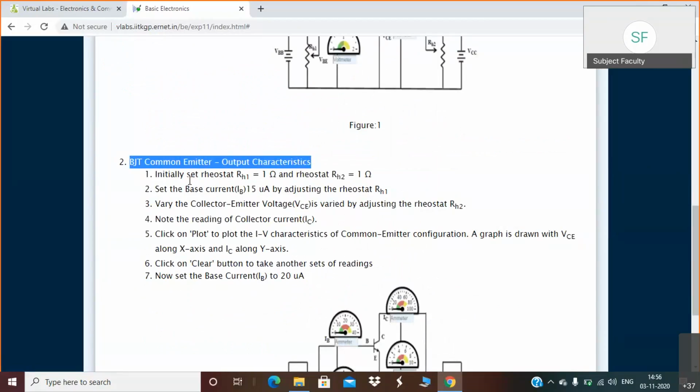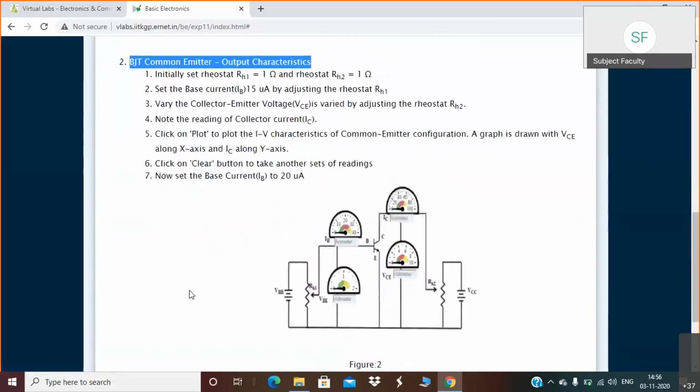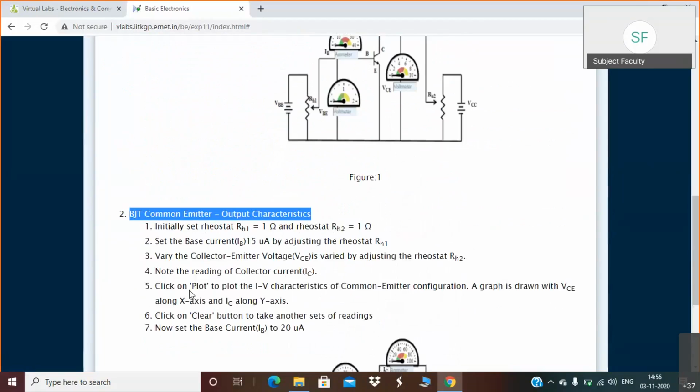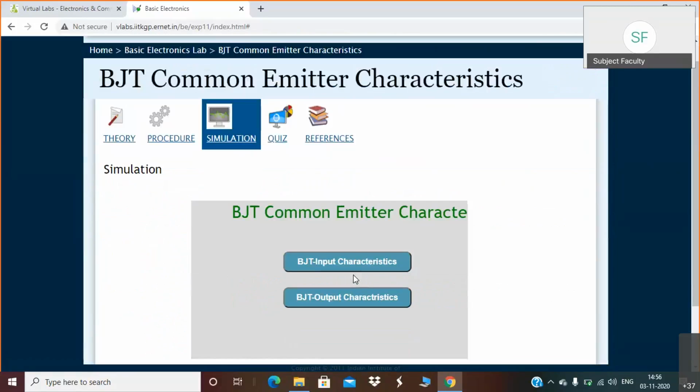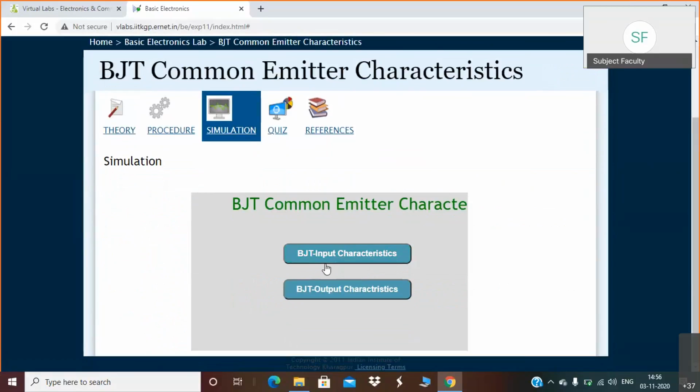You have to follow these steps, and when you do that, you will be able to. Again, in simulation, there are two tabs: BJT input characteristics and BJT output characteristics. Let's say we have selected BJT input characteristics.